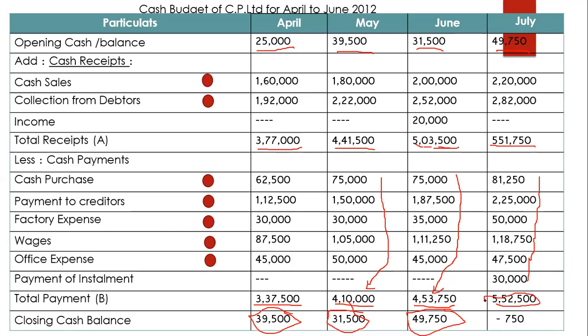So it is more than 5,51,750. That's why our answer comes in minus. It means in July month we are having a minus cash balance of 750 rupees.